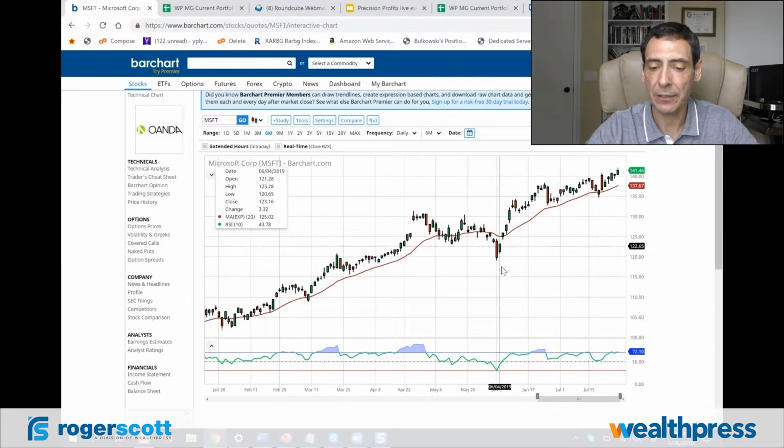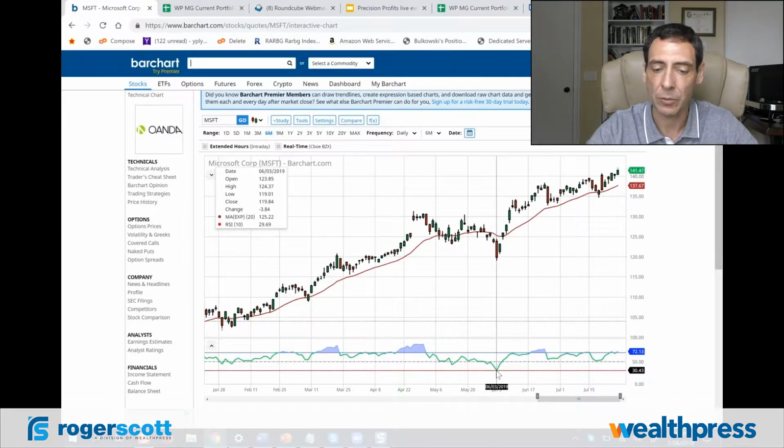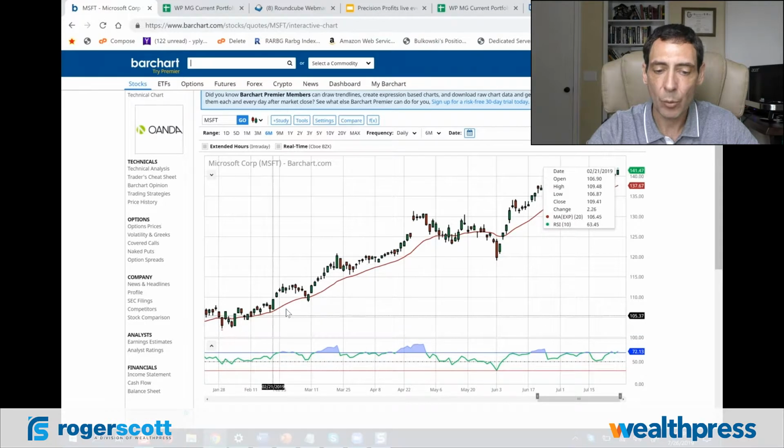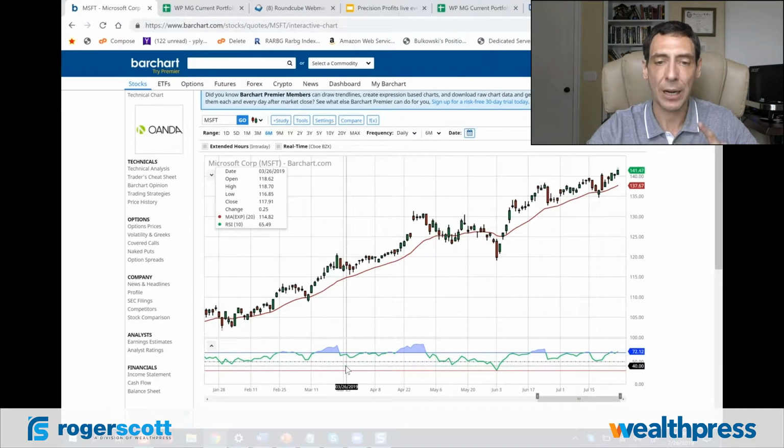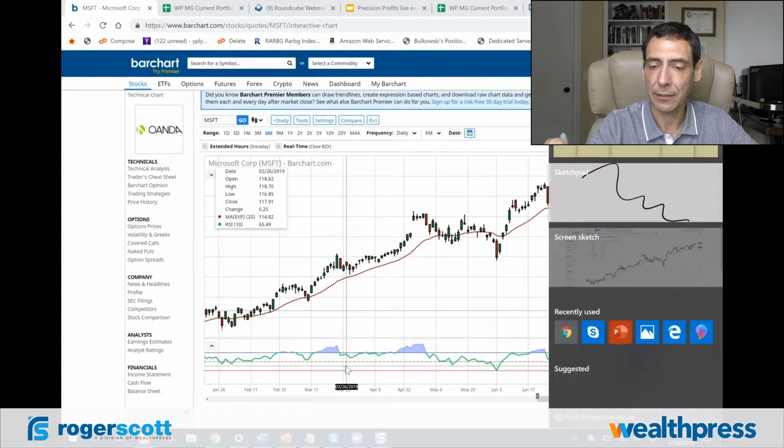Look at how much Microsoft comes down, and we barely made it down here. Technically, this works because we touched the red line. It doesn't have to go below the red line. That means it's oversold. If it hits the red line, that means it hit 30. Notice it's moving up, up, up. Notice it doesn't even come close. And that's what I love about this RSI oscillator. It's not sensitive.